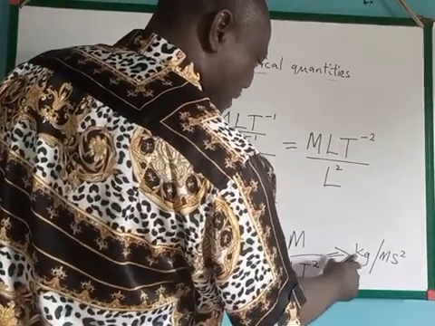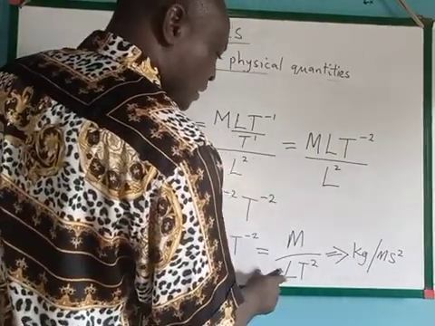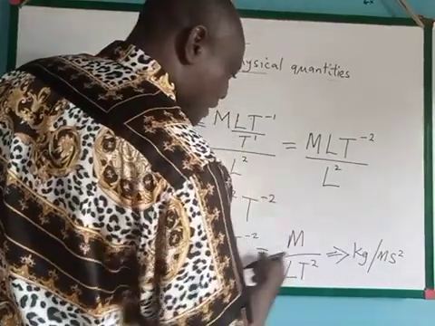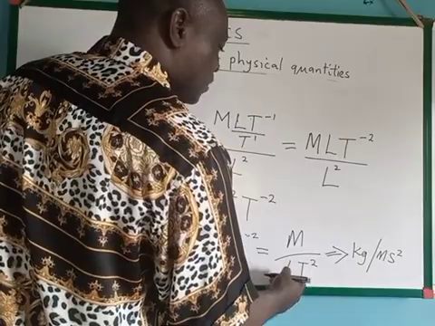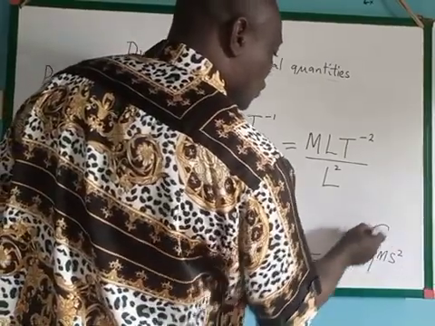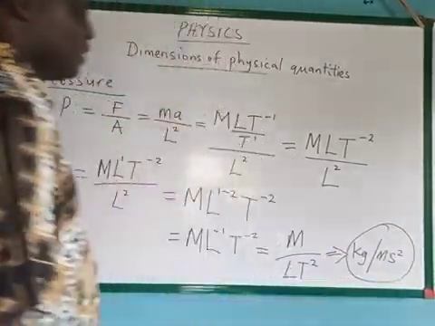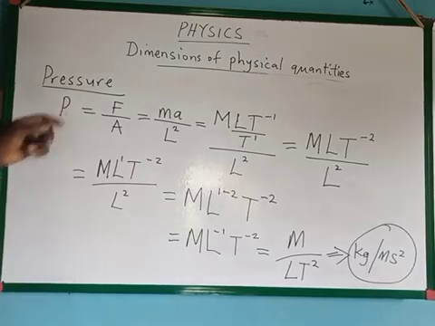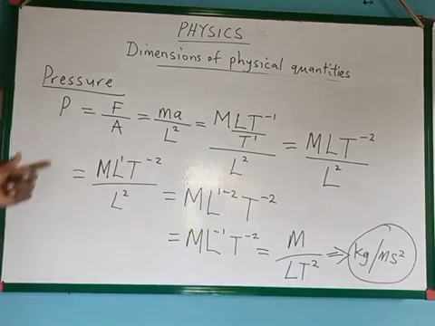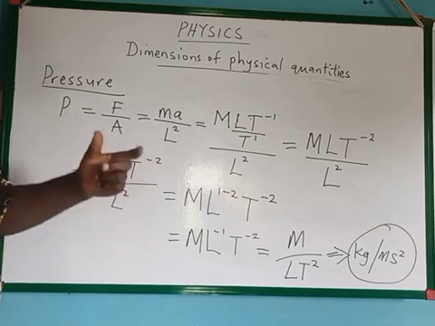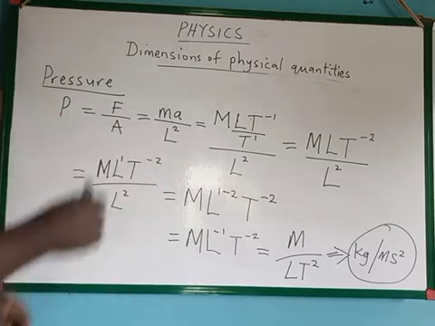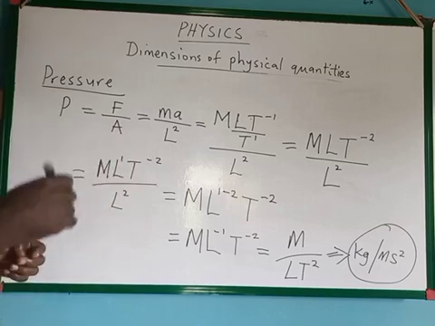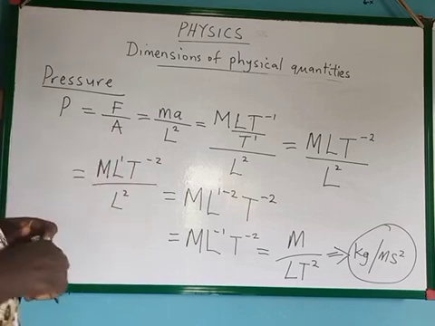The SI unit of mass is kilogram, the SI unit of length is meter, and the SI unit of time is second. So the SI unit of pressure, when you want to write it as its components, is kilogram per meter per second squared.